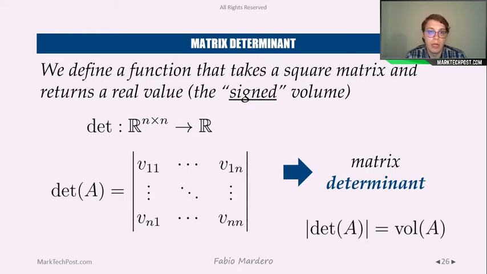We take a real value and not a positive one because we want to have a signed volume. We will see why in a few minutes. This function is called the matrix determinant, and is indicated with det of A or this notation. Notice that since the determinant is the signed volume, if we take the absolute value of the matrix determinant, we get the actual volume of our parallelepiped.